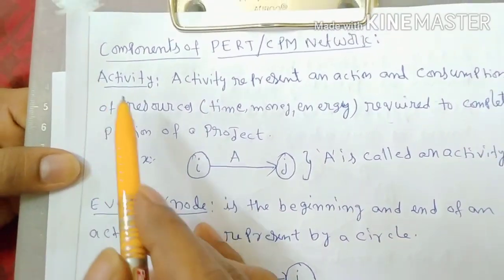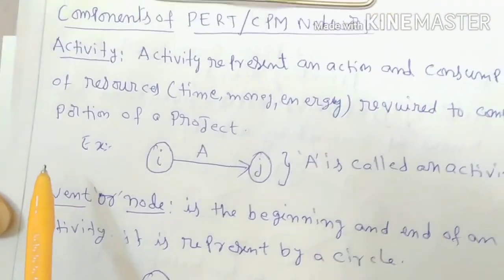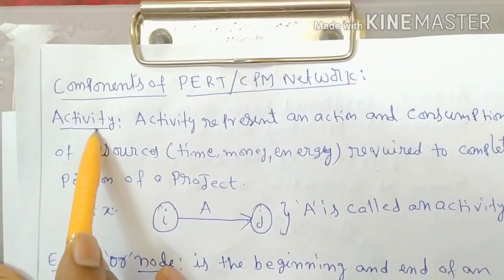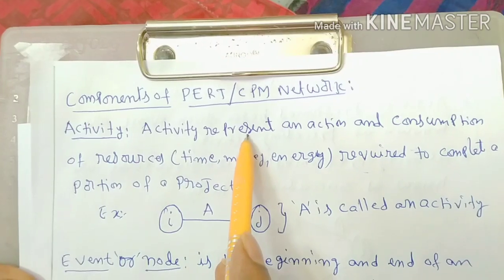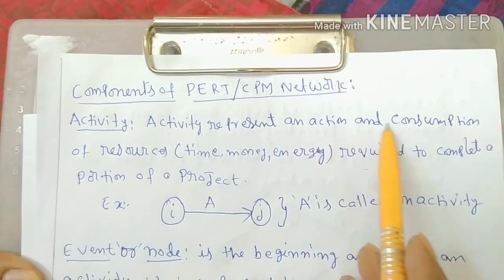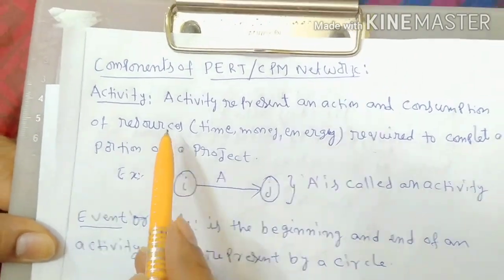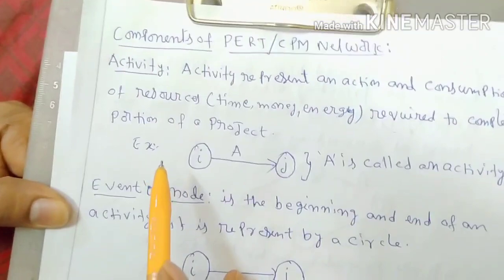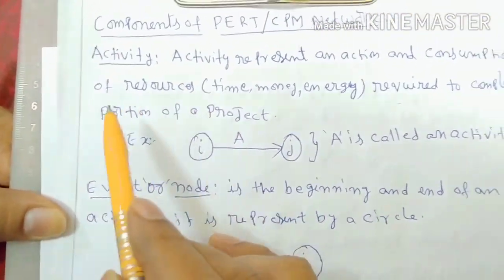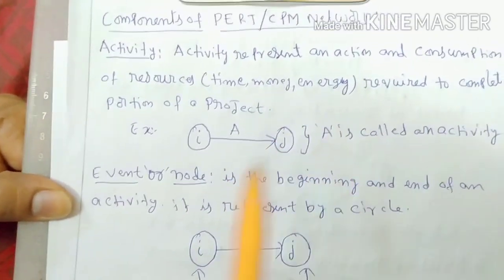First we will see the meaning of activity. In the network diagram area, widely we see the activity. An activity represents an action and consumption of resource required to complete a portion of a project. Suppose we want to construct a house in a particular area.